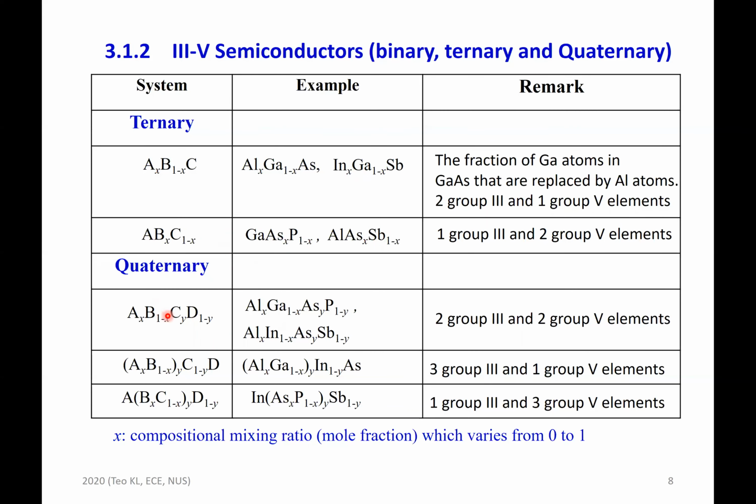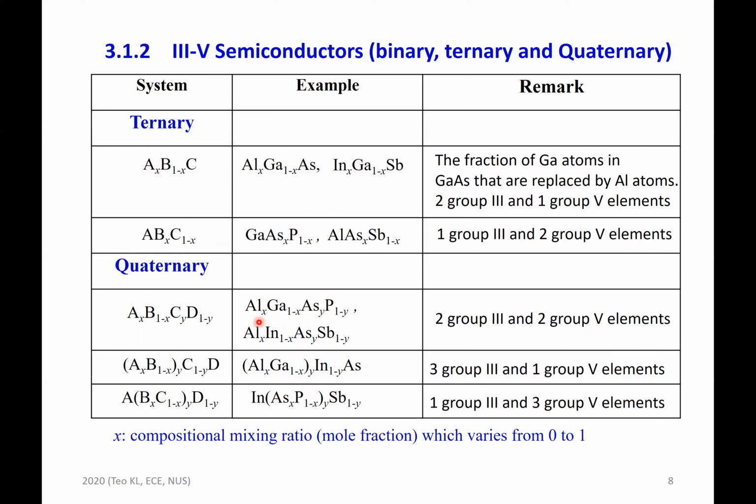For 4 elements, we call them the quaternary alloy. A, B, C, D are in the periodic table, and then you can control the X and Y composition. So you can have 2 group 3 and 2 group 5 elements. With aluminum and gallium, you control the ratio X of aluminum. With arsenic and phosphorus, you control the ratio of the arsenic.